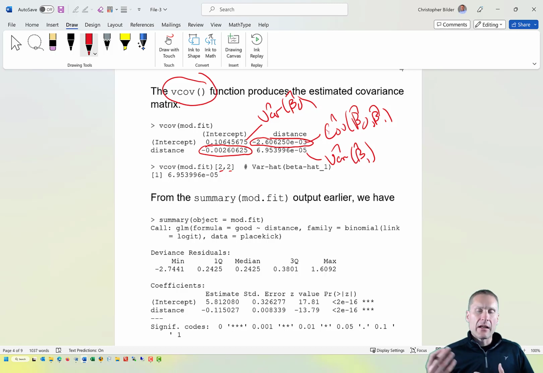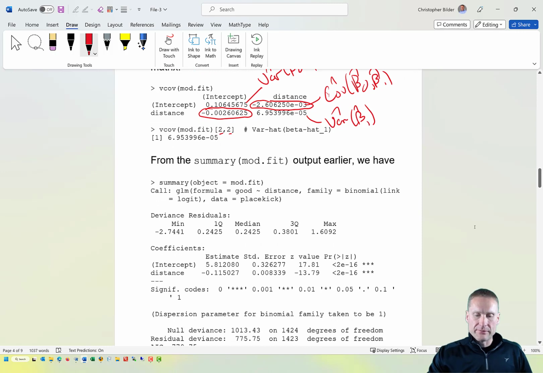Okay, now let's relate this to what we had gotten previously from the summary mod.fit output. In particular, I want to look at this column here called std.error. This stands for standard error. I'll explain that more in a second. What we see here for the distance row is the square root of the estimated variance of beta hat 1.